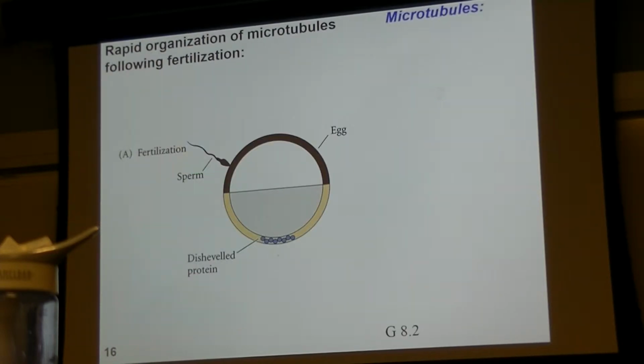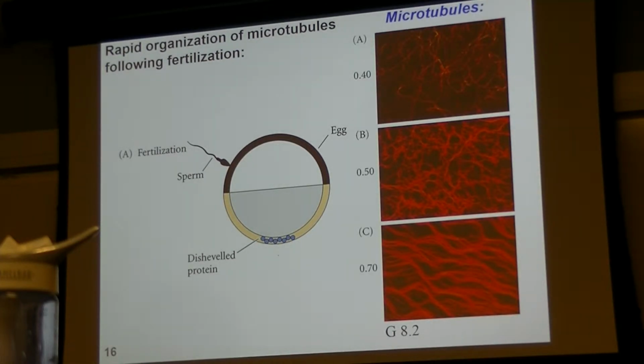Okay, so now we're going to see here a rapid reorganization, not just of maternal factors like dishevelled, but of some of the cytoplasmic components such as microtubules. And in this figure, you can see microtubules that have been stained by a dye, and look at their organization.